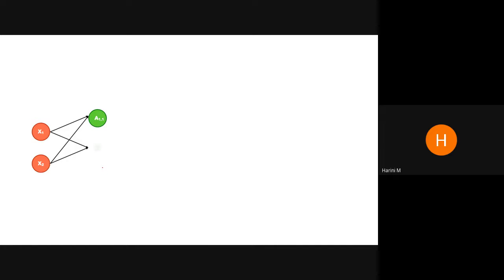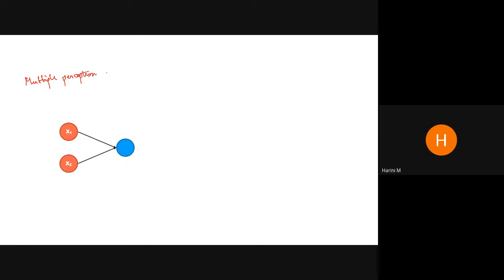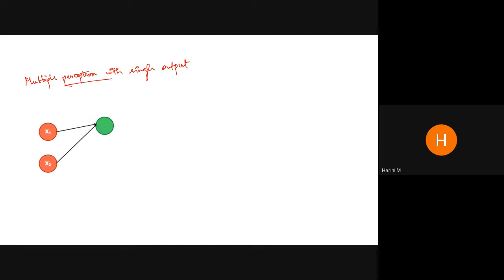You see this, right? There are other neurons available. So this concept is known as multiple perceptron with single output. It is purely based on us only.